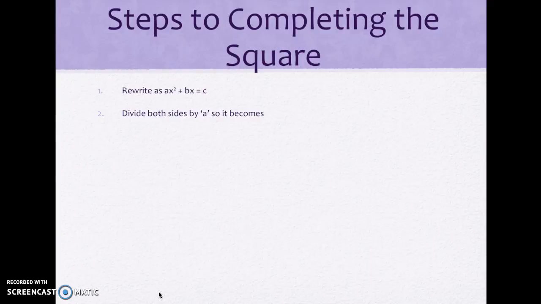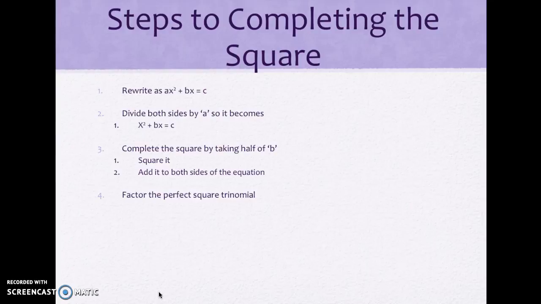Then we want to divide both sides by a, so it becomes x squared plus bx equals c. Next, we want to complete the square by taking half of b, then square it, and then add it to both sides of the equation. Fourth step, we want to factor the perfect square trinomial.